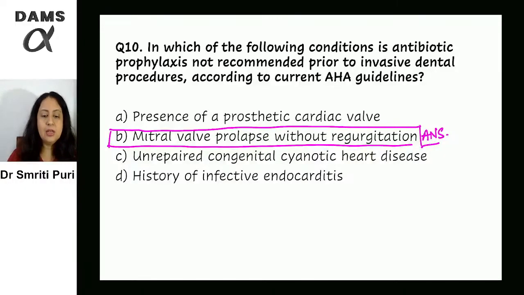C, unrepaired congenital cyanotic heart disease. First of all, in such cases, you would try not to do an extraction. However, if it is to be done, it is to be done under prophylaxis. So, mitral valve prolapse without regurgitation.